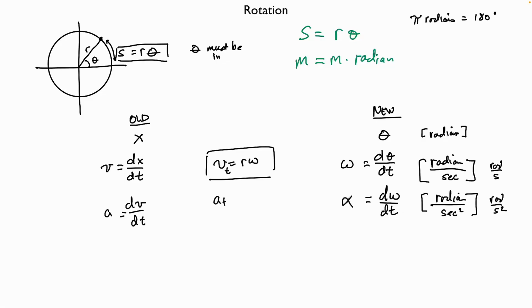The tangential acceleration is r times alpha. Again, this is how you get back and forth between, say, v and omega, or alpha and tangential acceleration. The centripetal acceleration, you remember centripetal acceleration from way back in the days? Chapter 4, v squared over r, can also be written as r omega squared.